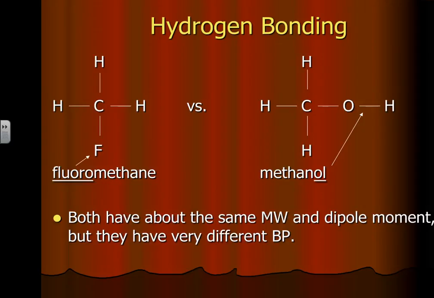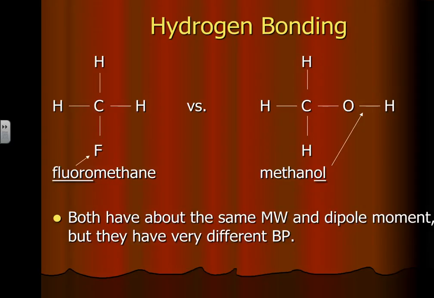On the right side I have a chemical called methanol, which is a single carbon alcohol. The OH hanging off the end is what makes this an alcohol molecule. I say in the bullet point, both have about the same molecular weight and approximately the same dipole moment, but they have a very different boiling point.